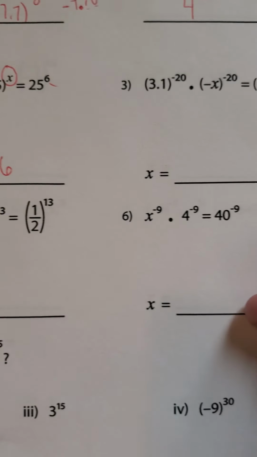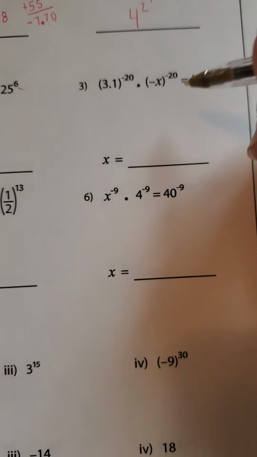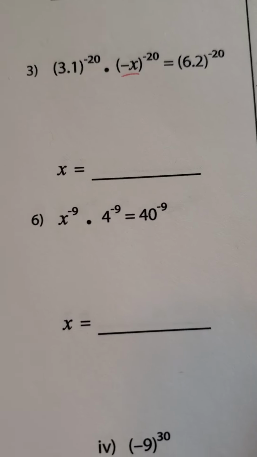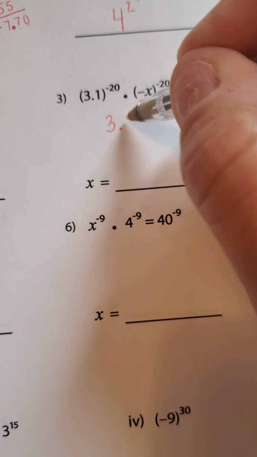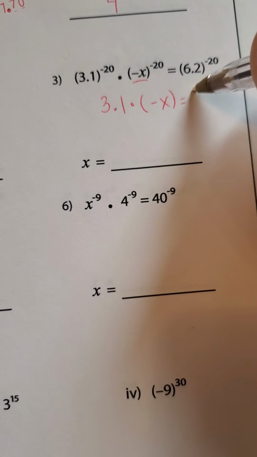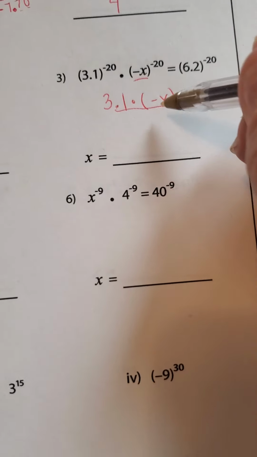Okay. Question number 3. I need to figure out what this base is. Now notice it says negative x there. Some of you are struggling with that negative x, but here's my setup. 3.1 times negative x equals 6.2. To get x by itself, I'm going to do 2 things.